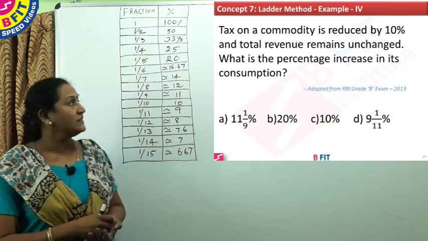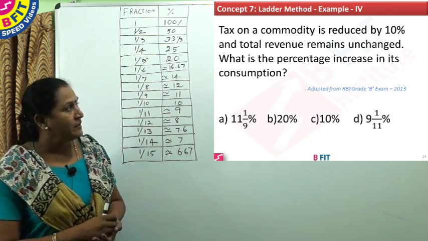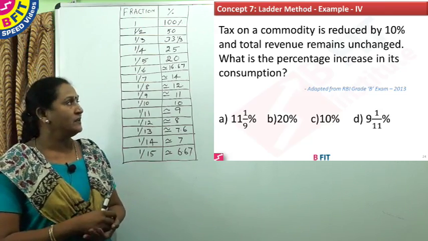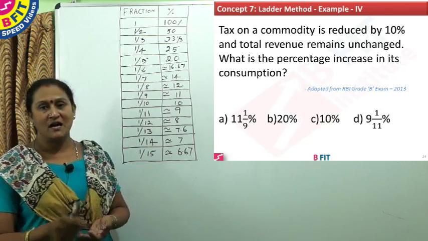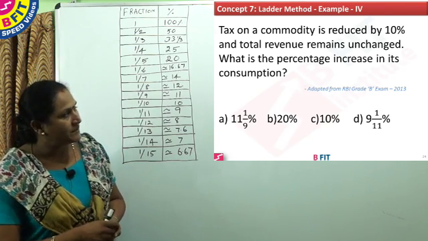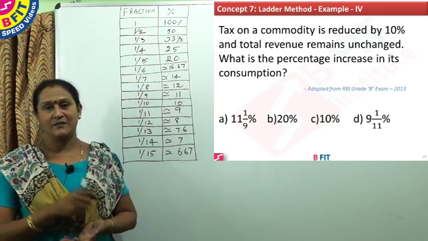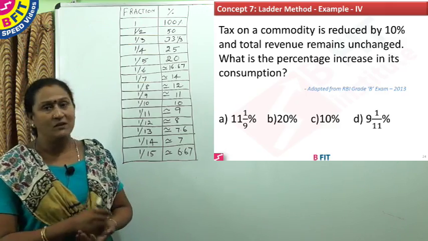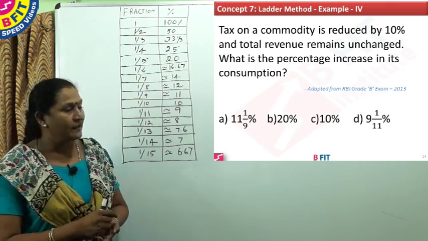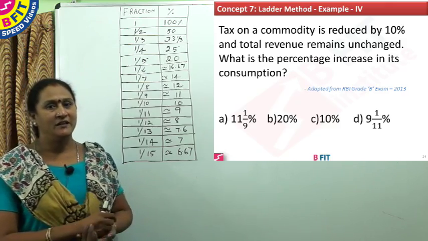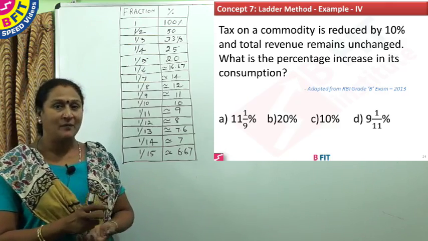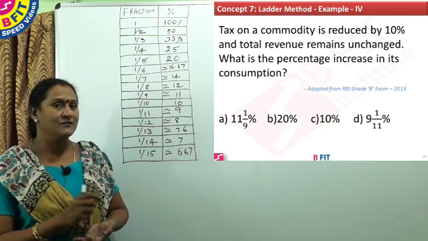The question is, tax on a commodity is reduced by 10% and total revenue remains unchanged. What is the percentage increase in its consumption? This question was asked for the RBI Grade B exam 2013. Mostly they think that RBI exam level is tedious.